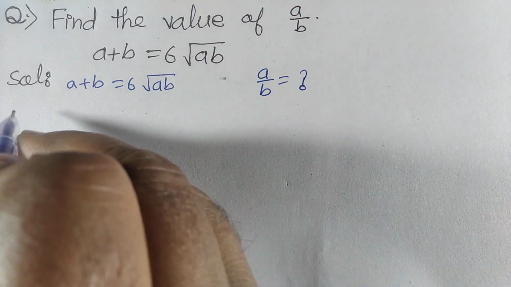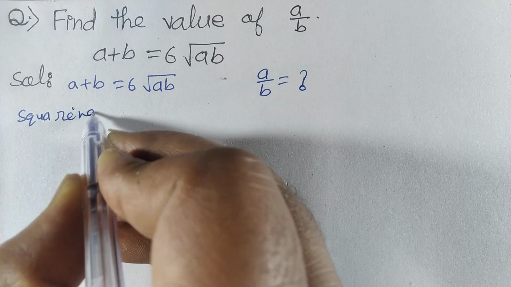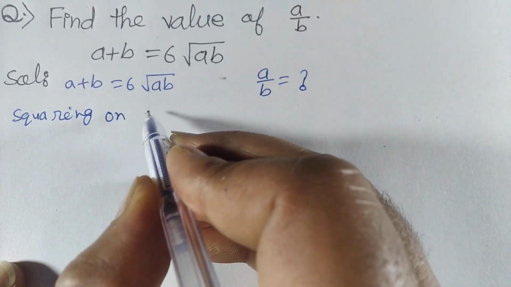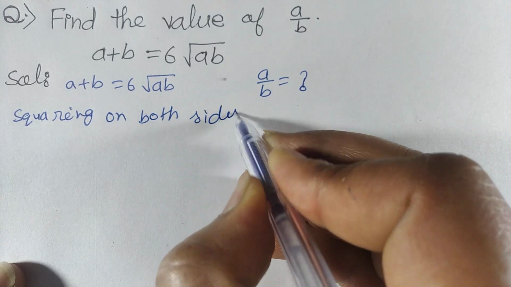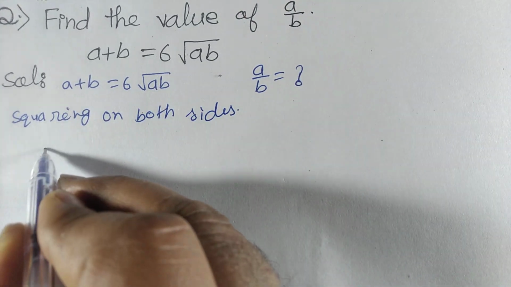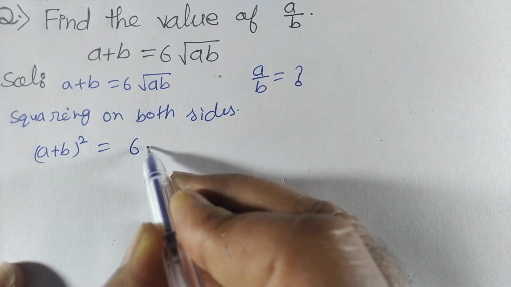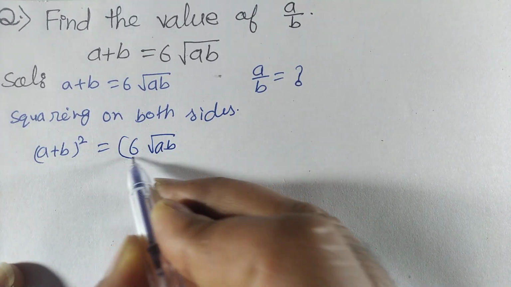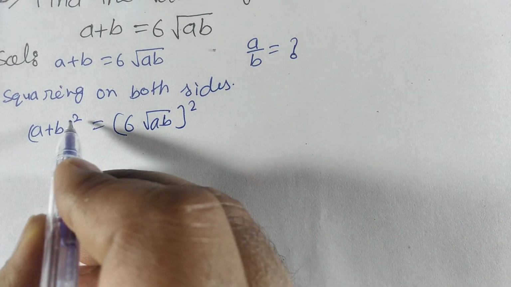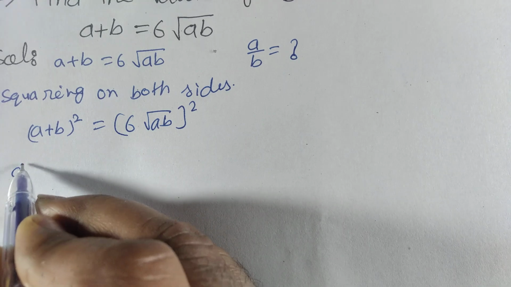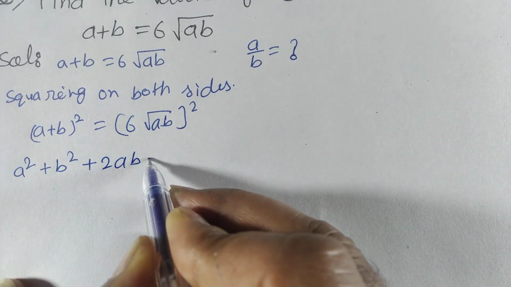Squaring on both the sides, (a plus b) whole square is equal to (6 times the square root of ab) square. Open (a plus b) whole square: a square plus b square plus 2ab.